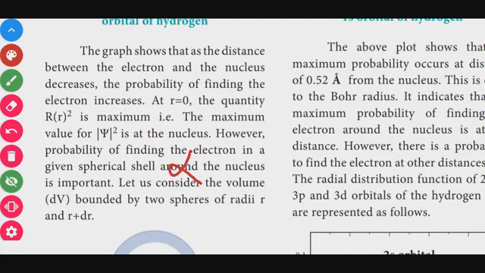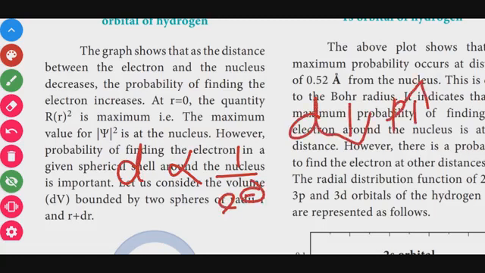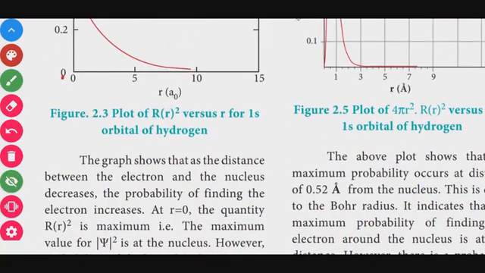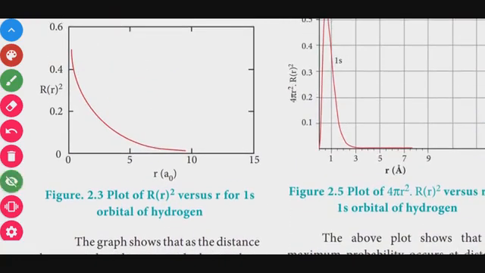Distance decreasing means probability is increasing, அதனால தான் inverse relationship graph கிடைச்சிருக்கு. At r equal to 0, the quantity R square is maximum.